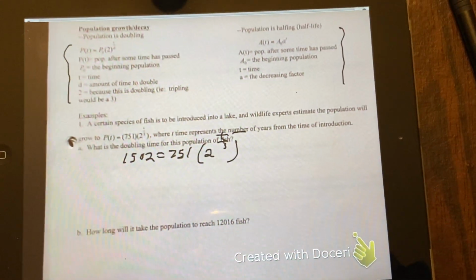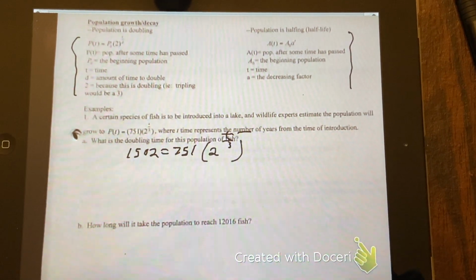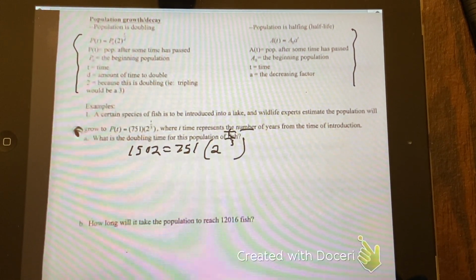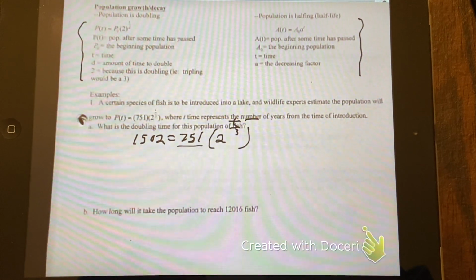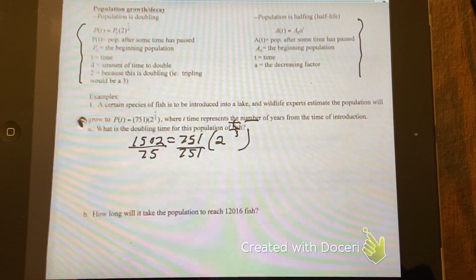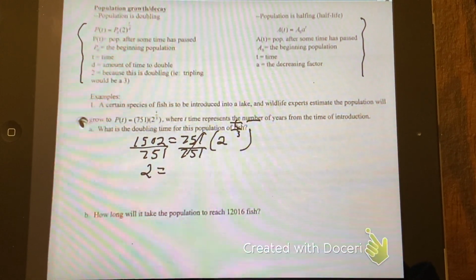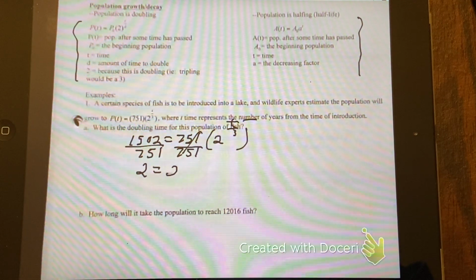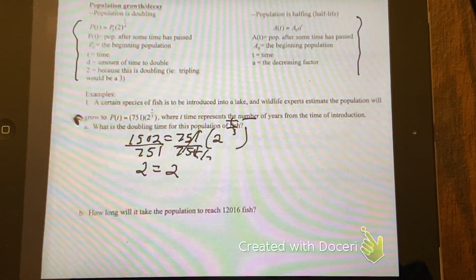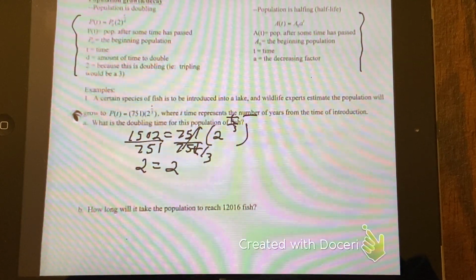Like the previous questions from the last video, I need to isolate this parenthesis. If I divide by 751 over here, guess what? That'll give me a 2. And so I just drop the parenthesis: 2 to the T over 3. This takes us to the last lesson.